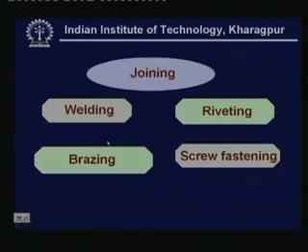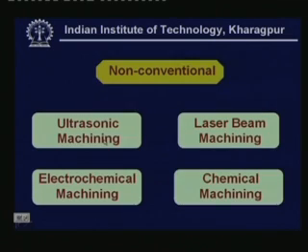And joining comprises the processes where you use welding, riveting, brazing, screw joints; screw fastening is also a joining procedure. And lastly, I go for the non-conventional procedures, which you can see given over here as ultrasonic machining, laser beam machining, electrochemical machining and chemical machining. There are several other varieties.